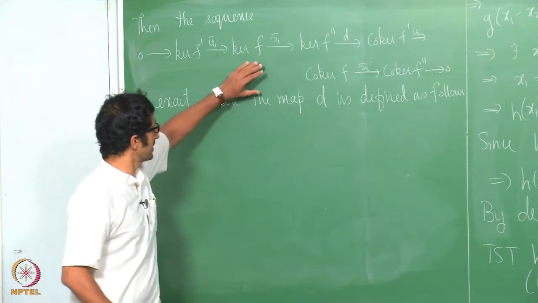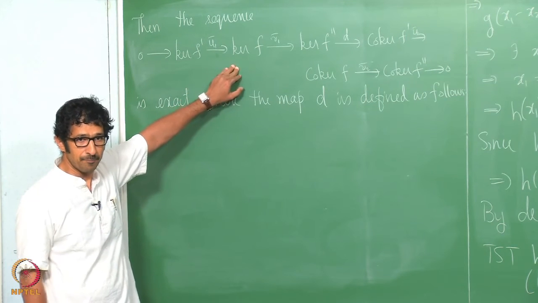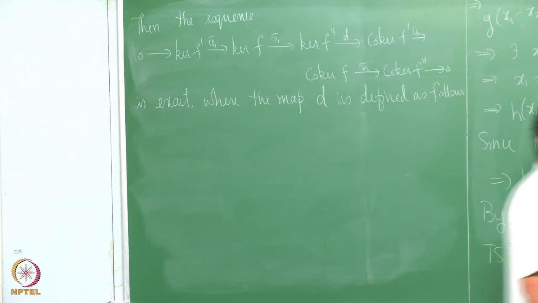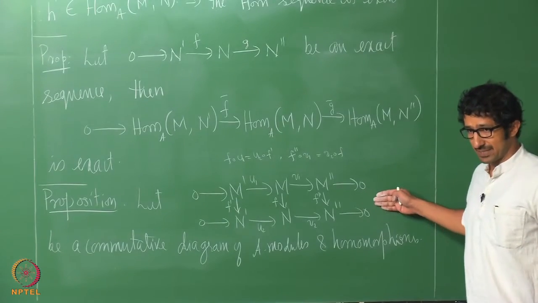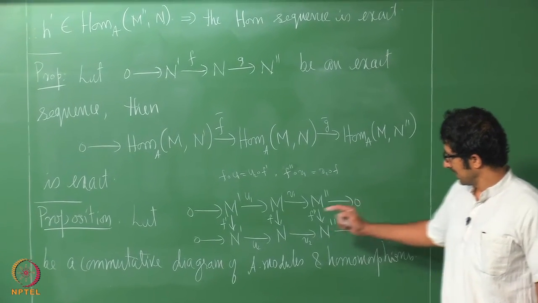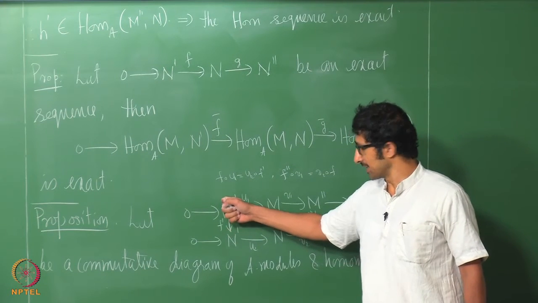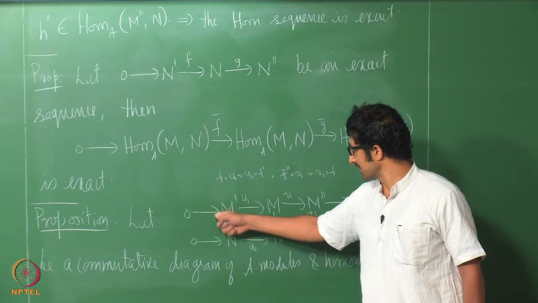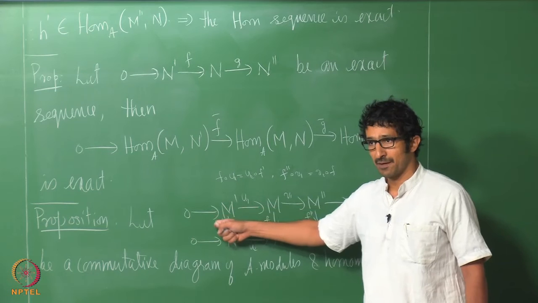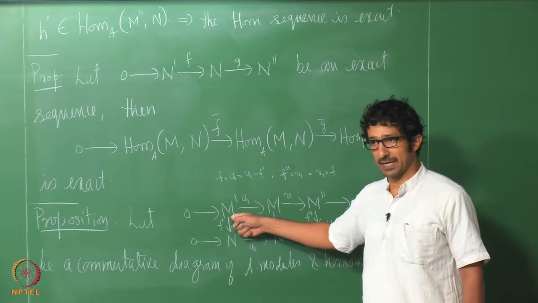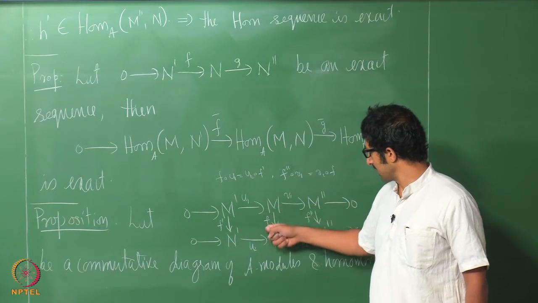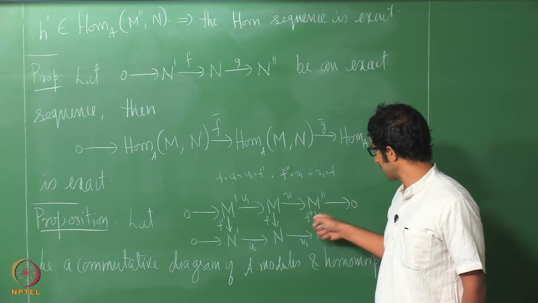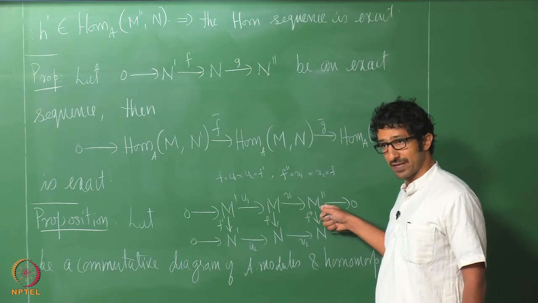Do you understand the sequence? If I have a commutative diagram like this, then kernel f prime is a submodule of M prime, kernel f is a submodule of M, and kernel f double prime is a submodule of M double prime.